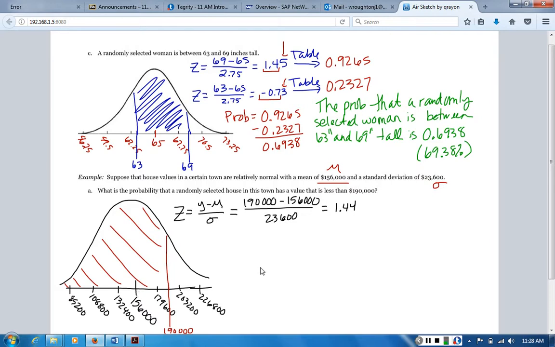Finally, I know if I need to use a rule on my problem. My rule doesn't need to be used here because my table is shaded left as well as my picture is shaded left. So we're actually going to get to go straight to the table with our z here and get our answer. So remember, row, column.